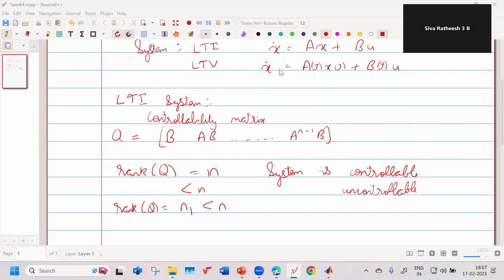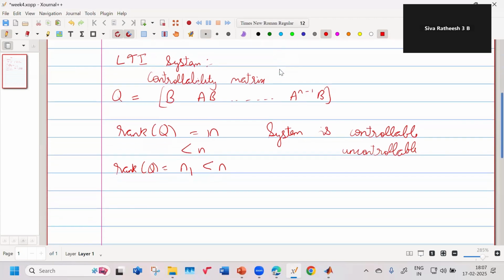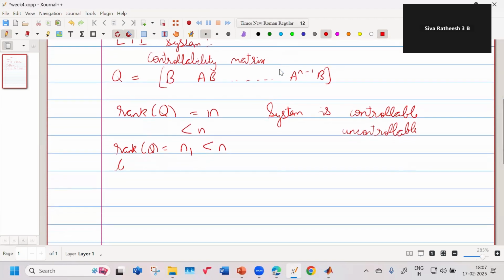Then there is a term known as the controllability subspace, and that controllability subspace is in N1 dimensions.